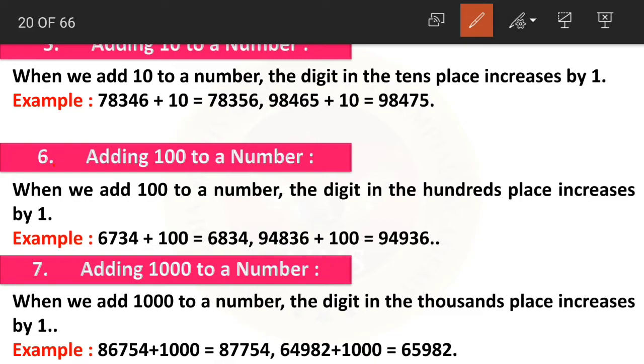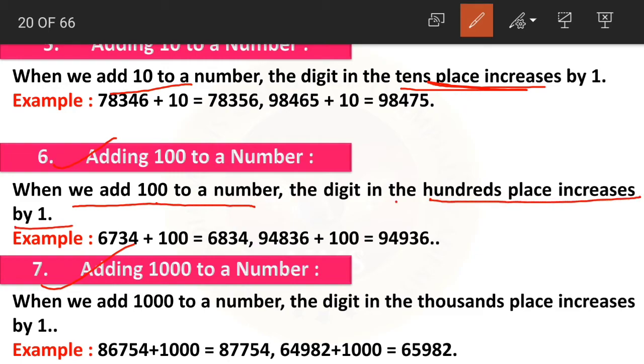Now in the same way, let us understand how to add 100 and 1000 to a given number. Clear, right children? When we add 10 to the number, the digit in tens place is increased by 1. In the same way, when we add 100 to a number, the digit in hundreds place increases by 1. Yes, why?